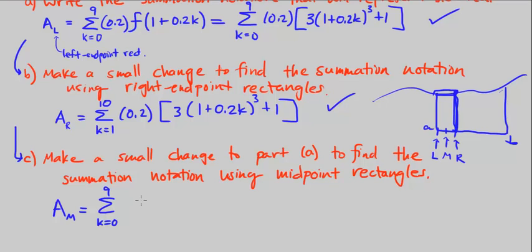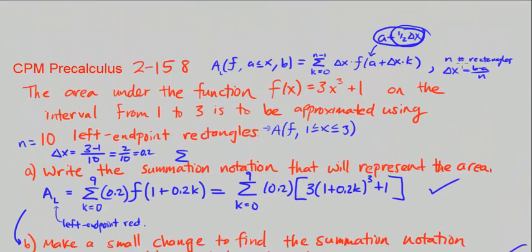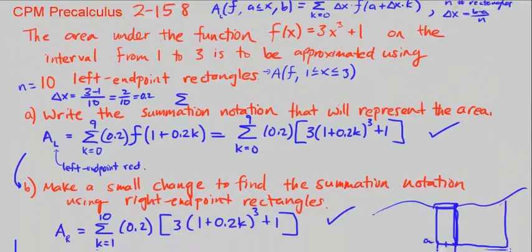Let's start here. 0.2 times f of, and instead of a, I'm going to write a plus delta x times 1/2. Again, I'm going to remind you, 1/2 of delta x.